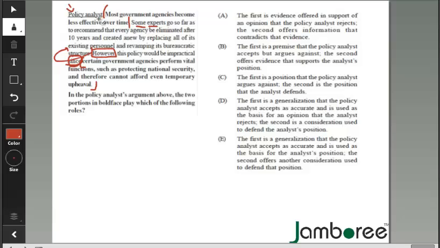So the paragraph says that the author believes most government agencies become less effective. Then some experts say that to take care of this, we should revamp every 10 years. Now the author is against that suggestion. He's saying this is not practical, because some government agencies perform such vital functions that even for a temporary period, the upheaval or changes will lead to major problems.